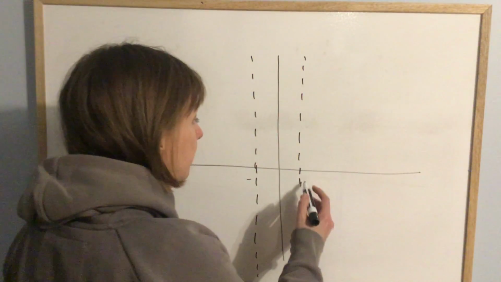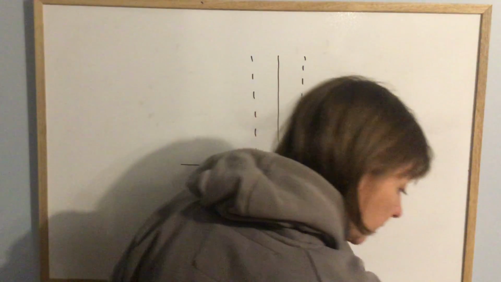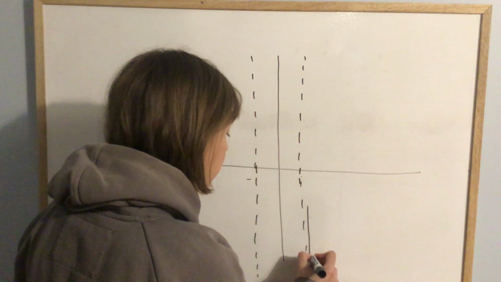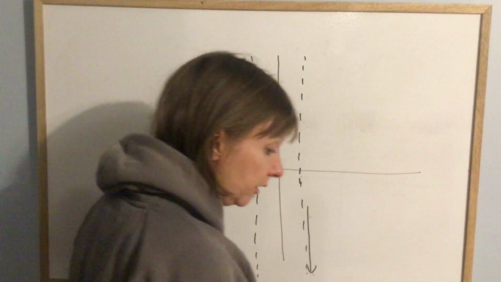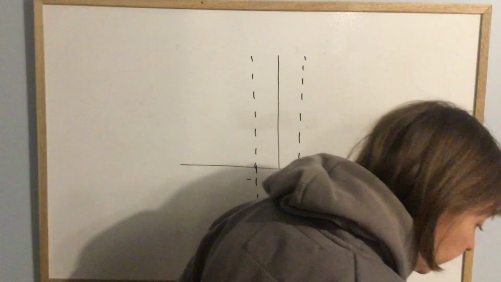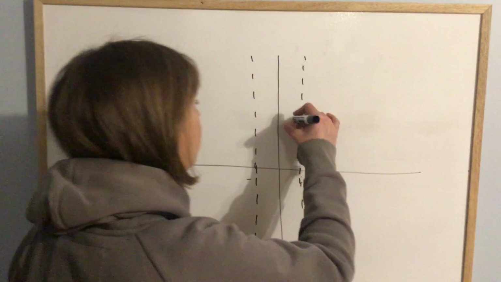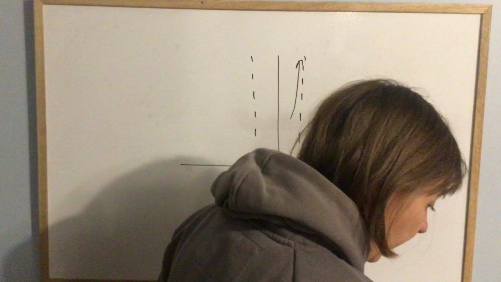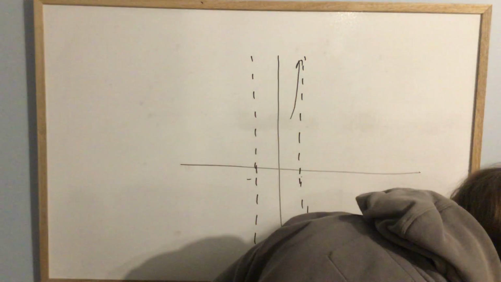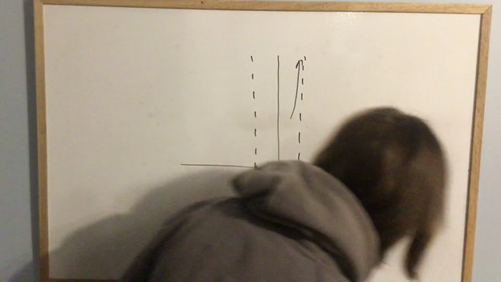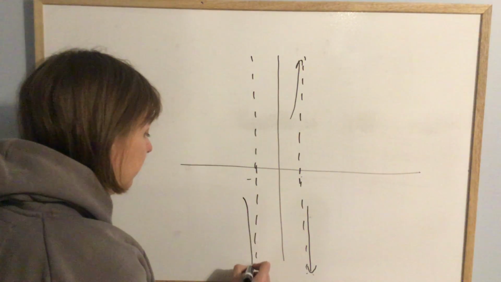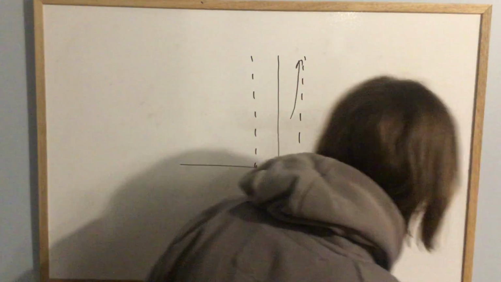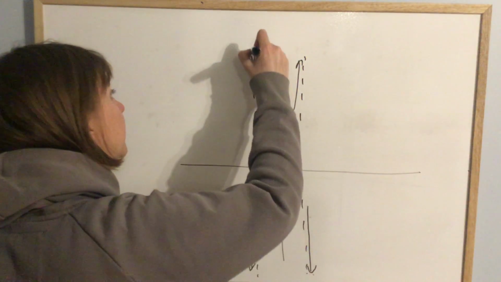So as we approach 1 from the right-hand side, it's -infinity, so it's going down. As we approach 1 from the left-hand side, we have +infinity. As we approach -1 from the left-hand side, it's -infinity. And as we approach -1 from the right-hand side, it's +infinity.